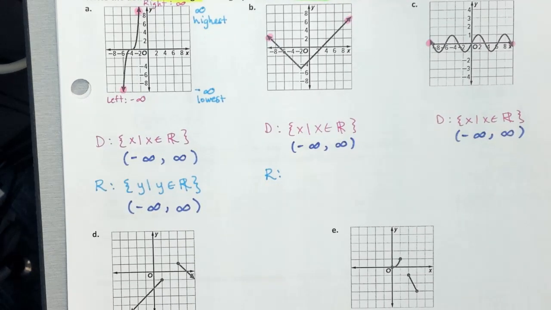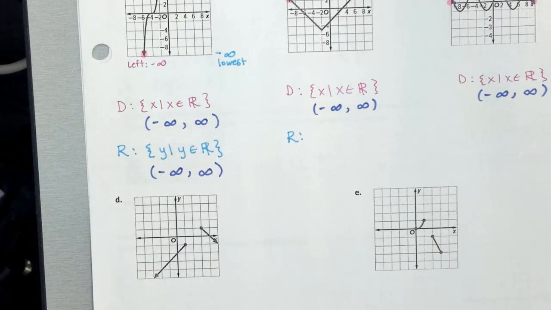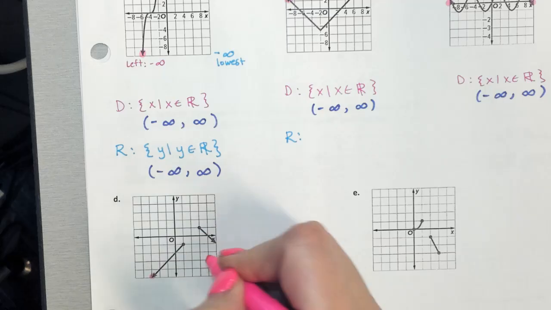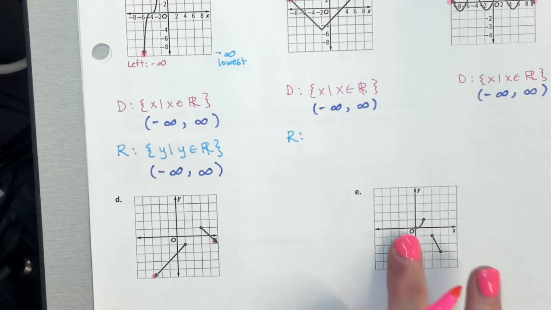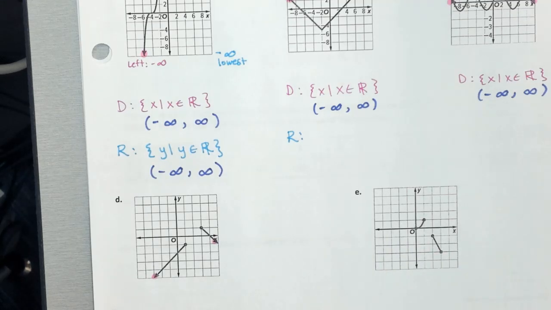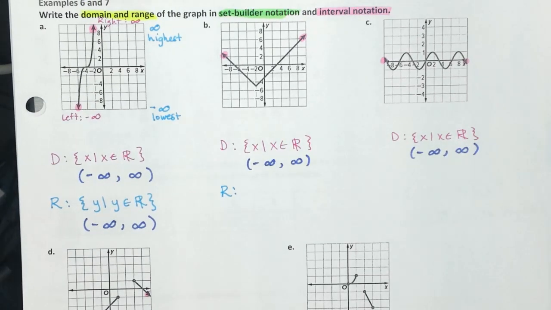Good. Okay, and then just while we're looking at those, let's look at D. So D has the arrows on both sides, but is it continuous? Nope, so it's not going to be all real numbers. And this one doesn't even have the arrows, so that's not going to be all real numbers. If it's continuous, arrows on both sides, all real numbers.